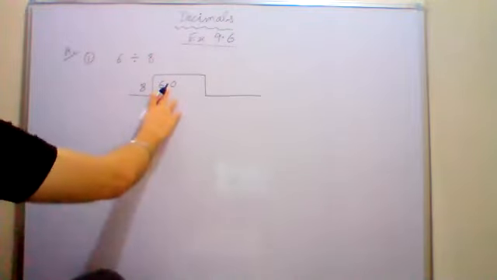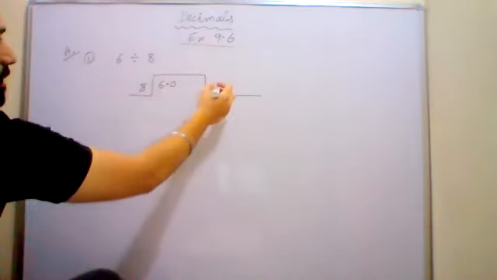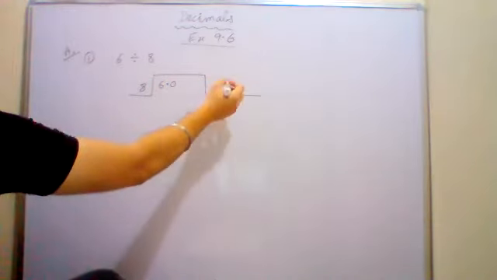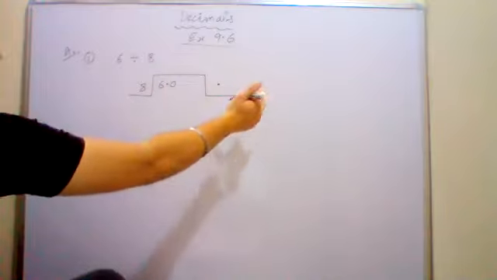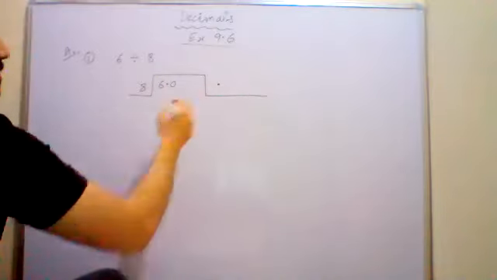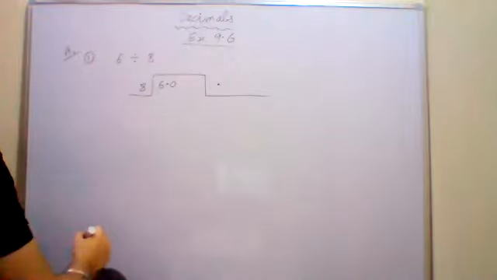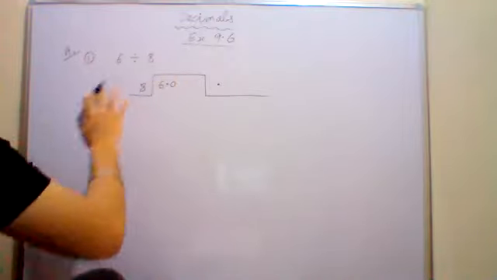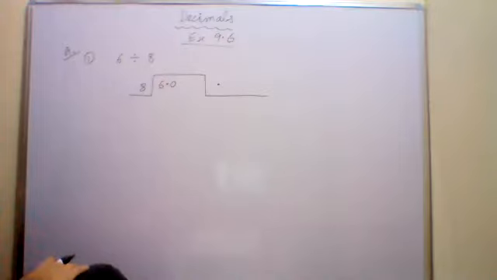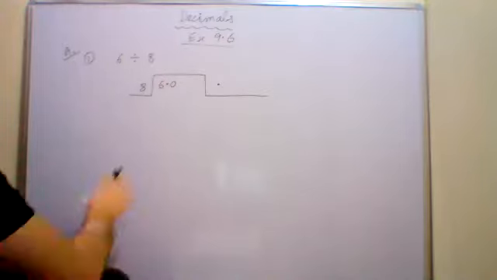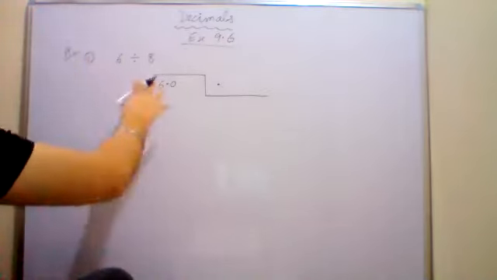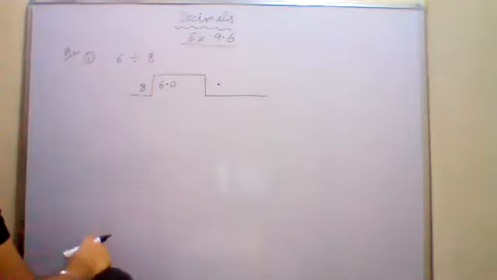Now because you have included a decimal here, you have to include a decimal in the place of the quotient also. Now it becomes 60. Just consider this number as 60.